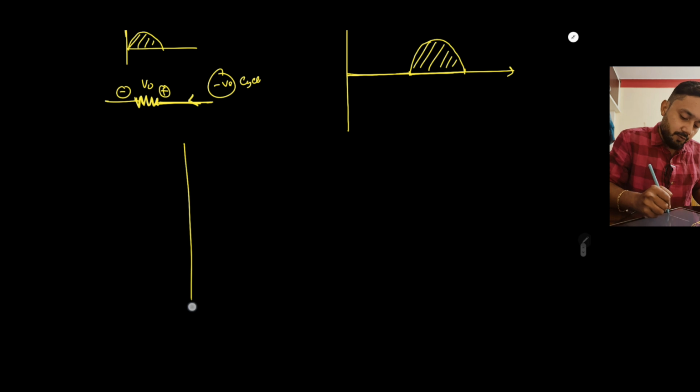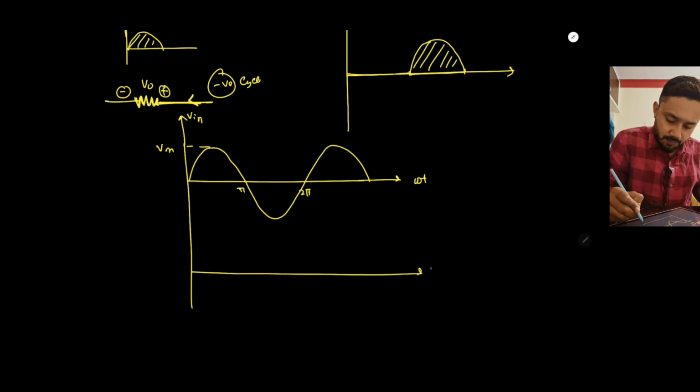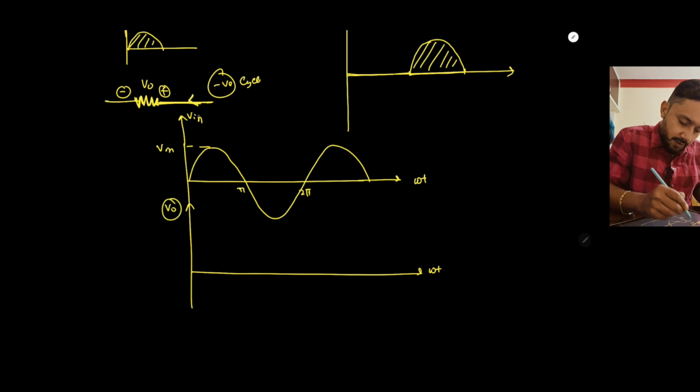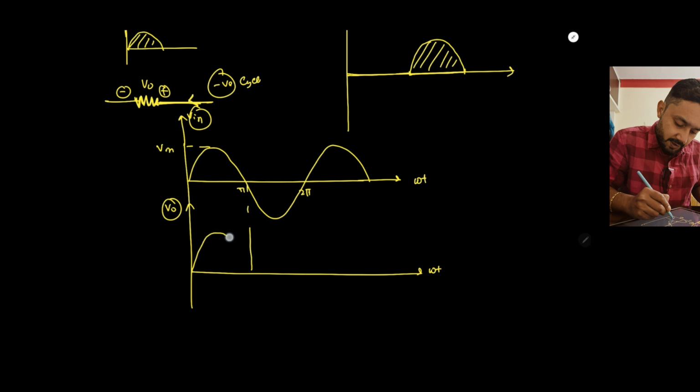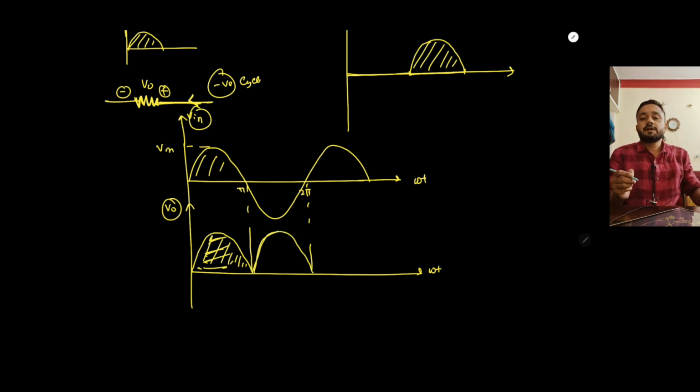So now if you want to draw it together, both the positive and negative half cycle, suppose this is the input voltage, so the output voltage or the voltage across the load will look like this: within the positive cycle, obviously it's same as the input, and during negative cycle the voltage across the load is same as it was during the positive cycle, because the current is entering in the same direction in both the positive and the negative half cycles.